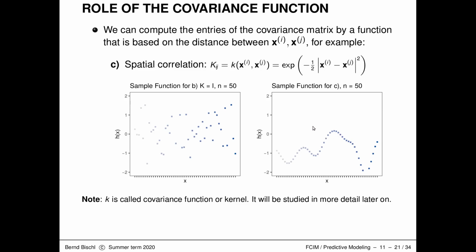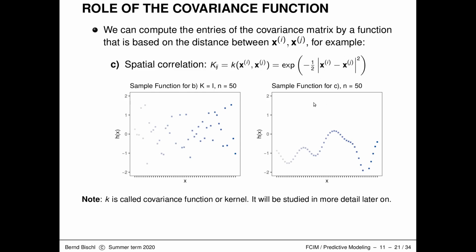And again, I'm now visualizing scenario C. Scenario B was with capital K equals the identity matrix, so this uncorrelated white noise. Here I'm using this specific spatial correlation with my squared exponential covariance function.